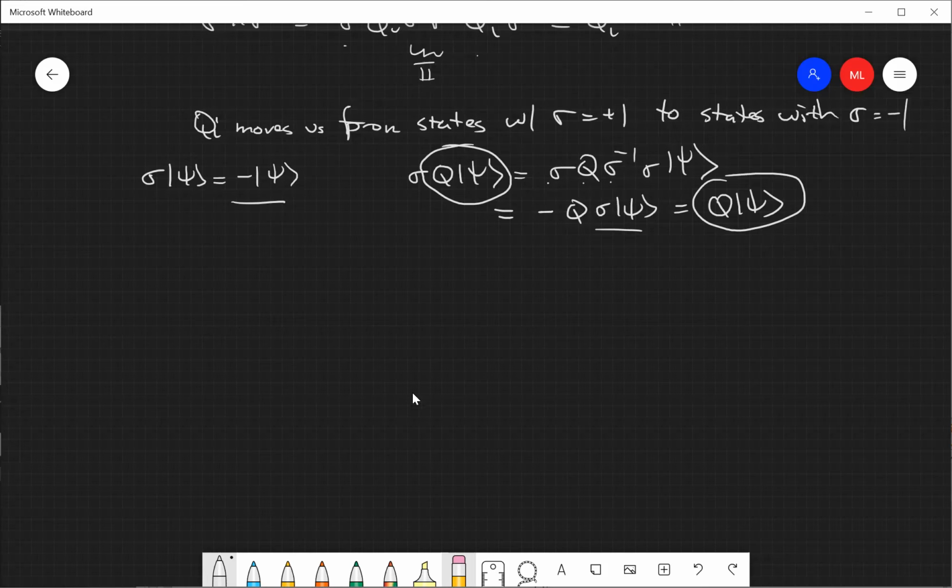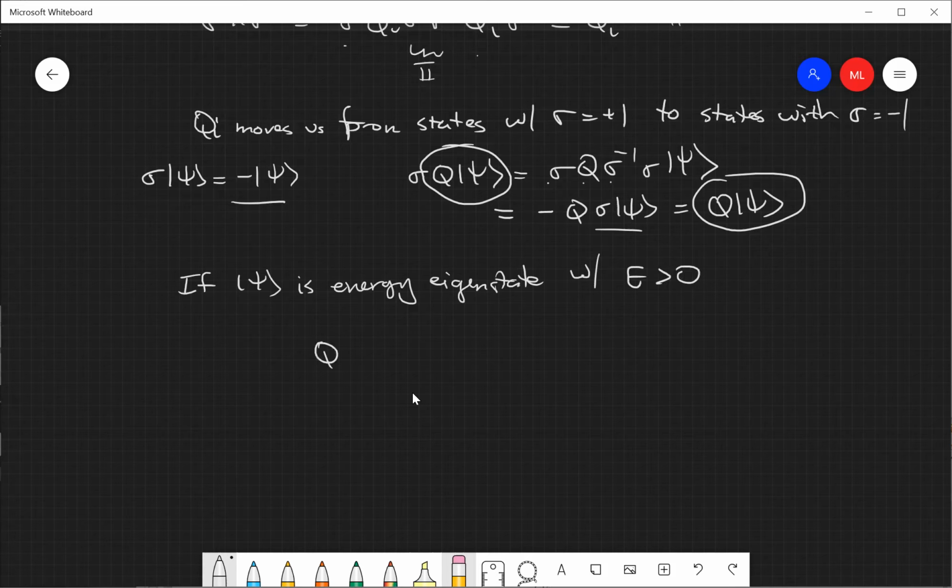So if psi is an energy eigenstate with E bigger than 0, then we know that Q_i squared is equal to H, and so this is equal to the identity.